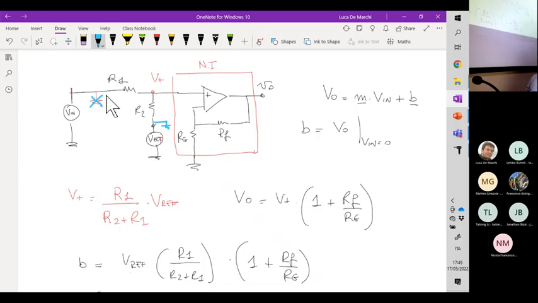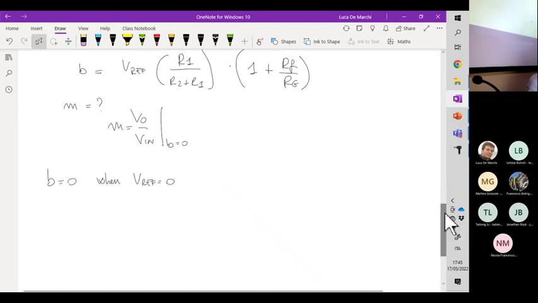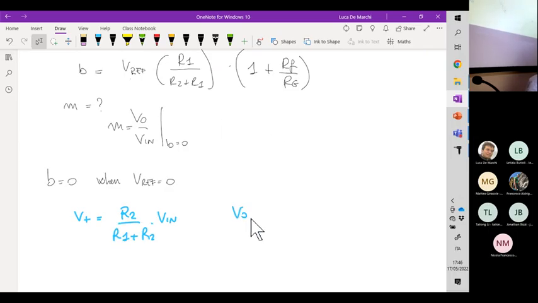And compute V plus as V in divided between R1 and R2. So V plus in this new case will be R2 over R1 plus R2 times V input. Then the relationship between V plus and V out is just the same.